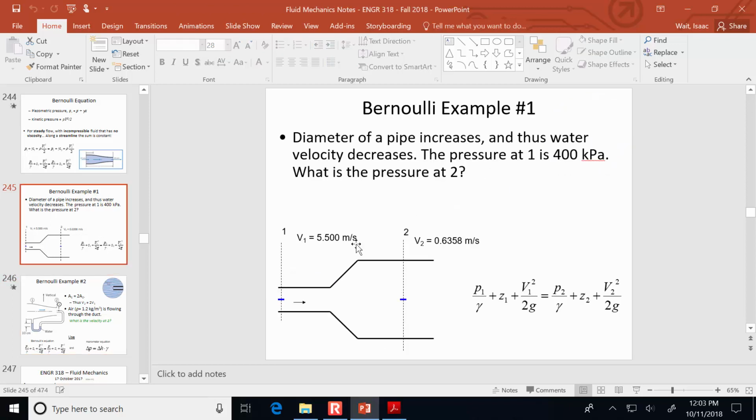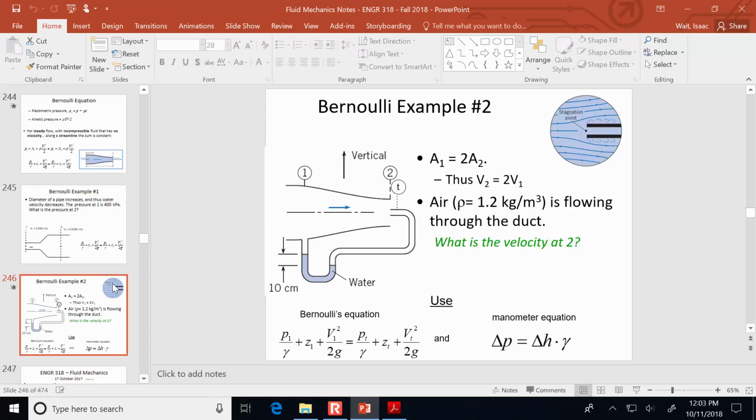So this first example is really simple. The second example is a little bit more complicated because we're combining two ideas together. We're combining Bernoulli's equation and the manometer equation together. And for the rest of the semester, it's going to be that same thing, where what makes problems complicated isn't the underlying fluid mechanics principles, but just that we're combining two different ideas together.